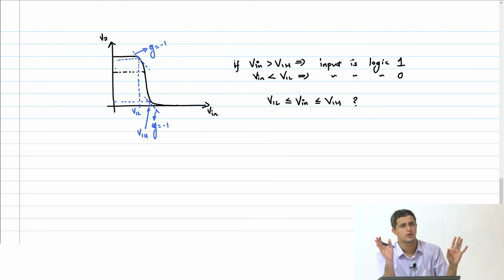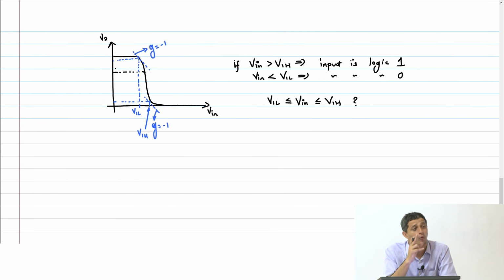There is no question about that. It will never remain there. Because the gain, remember, is extremely high in this region. Even a small perturbation can switch it to logic high or logic low. The problem is it depends on the polarity of the noise. So sometimes it can go to logic 1, sometimes it can go to logic 0, and therefore this is an indeterminate region.